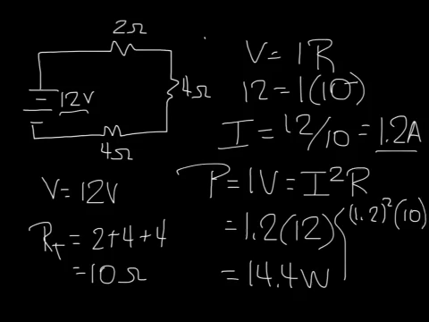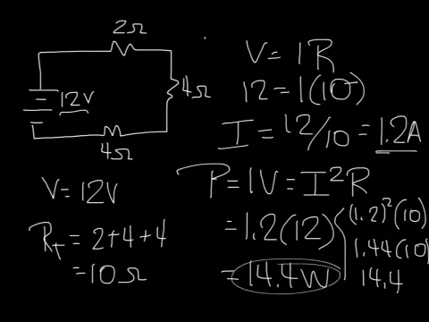So 1.2 squared is 1.44 times 10. So 1.44 times 10 is 14.4. Oh, look, same number. Yay, we did it right.